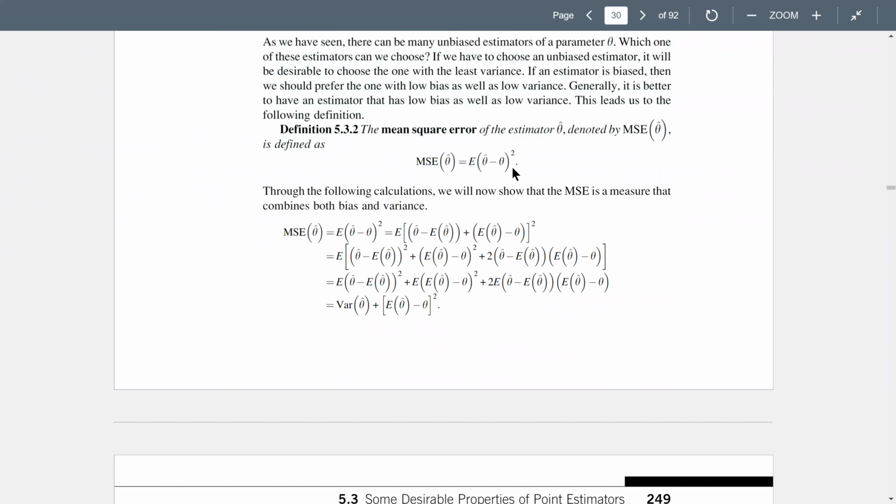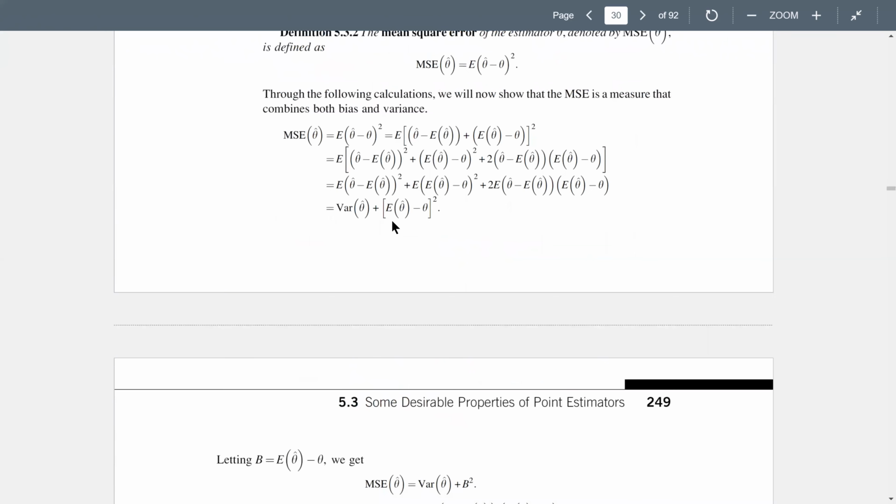That's just the average of the squares of the errors between the estimator and the parameter. Okay, so you can calculate it this way. We skip the details.